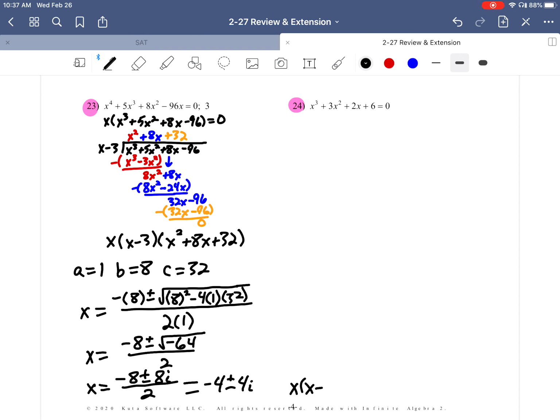x times the quantity x minus 3 times the quantity x minus negative 4 plus 4i and x minus negative 4 minus 4i, and that's equal to 0.